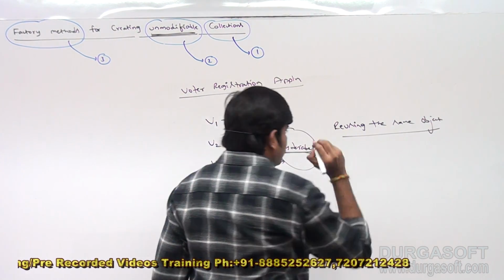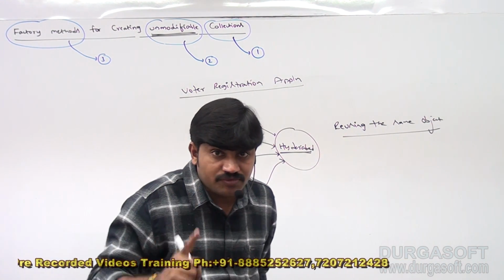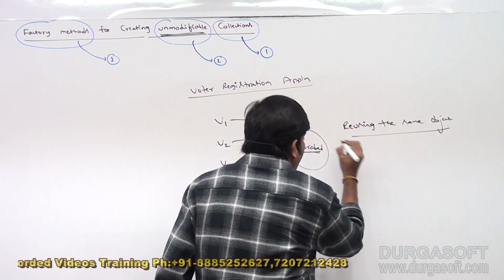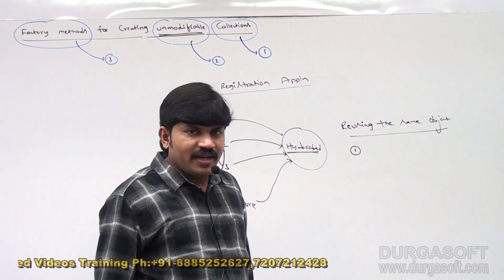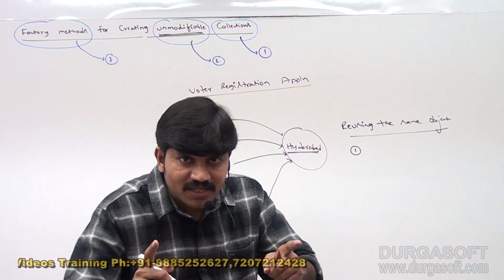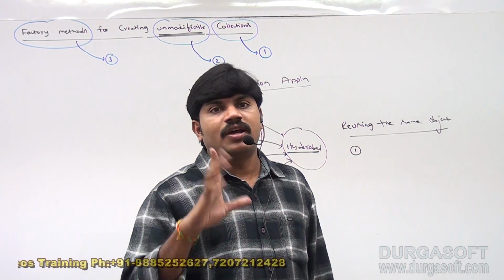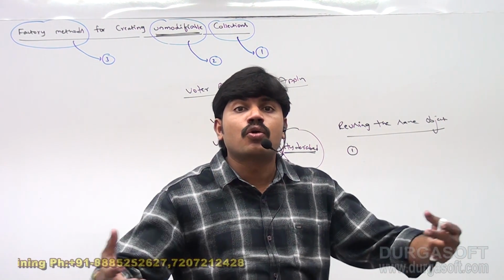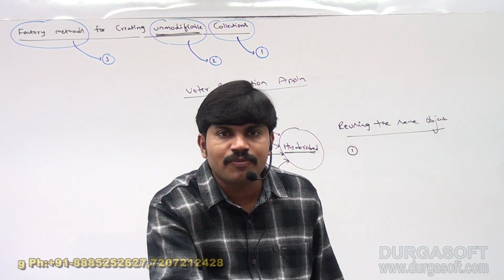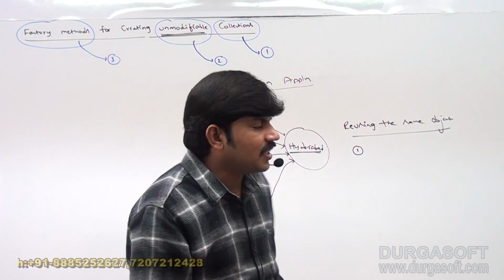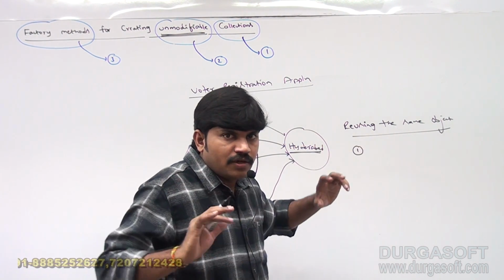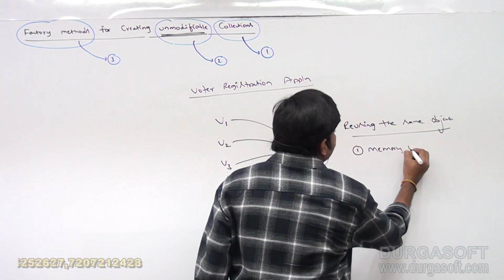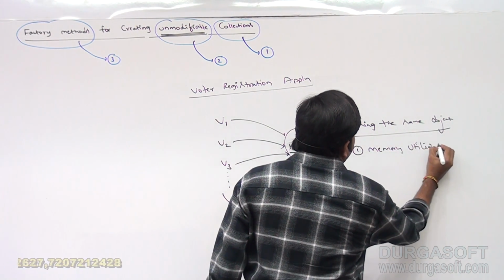What is the biggest advantage we get because of this reusability? Point number 1: how many objects do we require to create, only one or 1 crore? Only one object. If only one object is required instead of 1 crore objects, how much performance improvement and memory utilization? The biggest advantage of reusing the same object is that memory utilization will be improved.